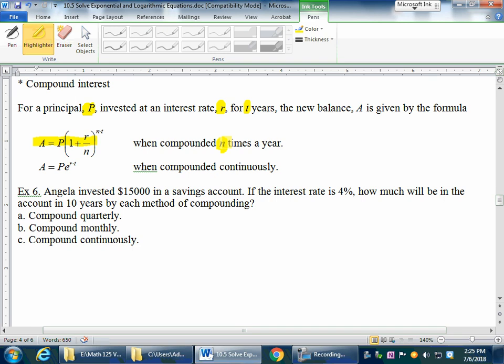Another compounded interest is compounded continuously. So every fraction of a second you are getting interest. For that kind of situation we use the formula A is equal to P times e to the rt. So that's where we use the natural exponential.